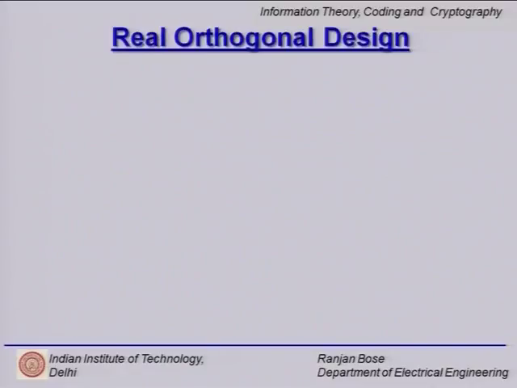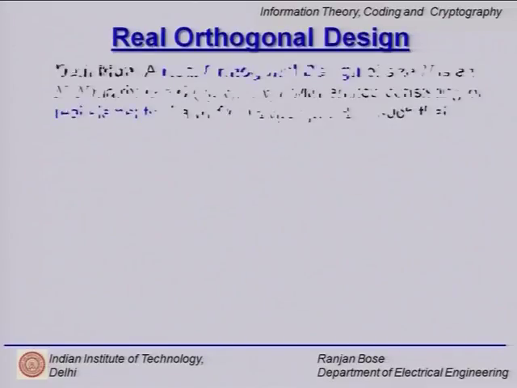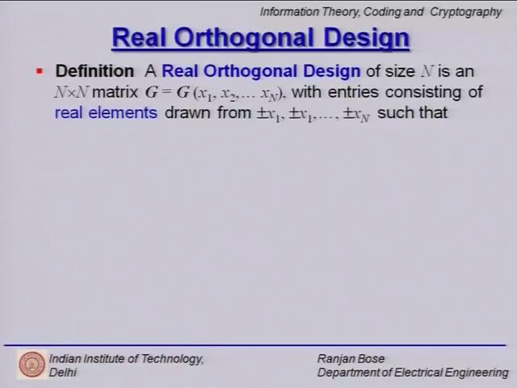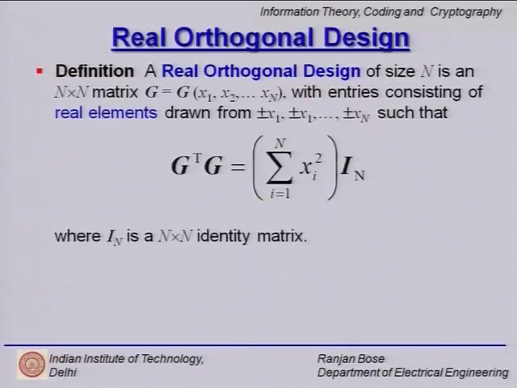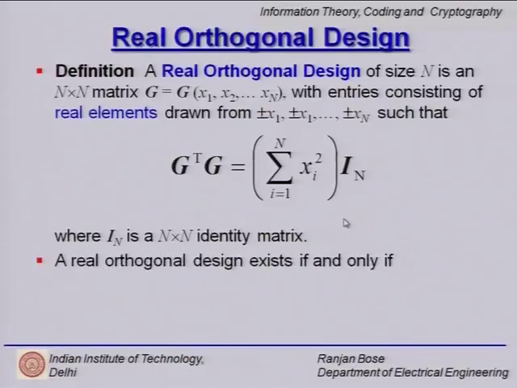So let's recollect what we learnt about real orthogonal design in the context of space-time block codes. We defined a real orthogonal design of size n as an n cross n matrix. So it's a square matrix G with the entries coming from x1, x2 up to xn, such that G transpose G is the summation i equal to 1 through n of xi squared times In, where In is an identity matrix.